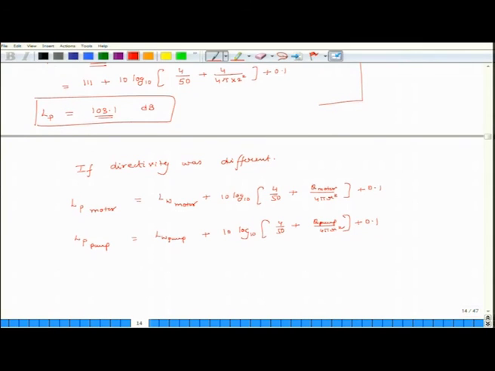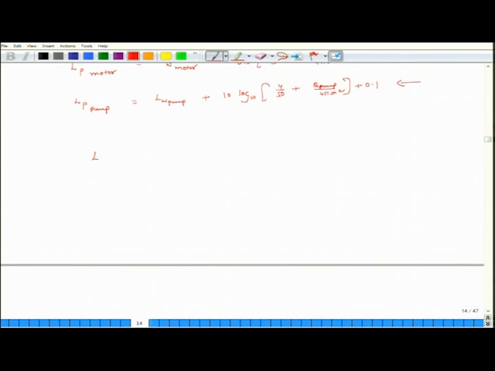So if the pump was not there, this is the sound pressure level which would be there, and if the pump was there but the motor was not there, then this is the sound pressure level. Now if both are there, we compute LP net equals 10 log 10 of 10 to the power of LP motor by 10 plus 10 to the power of LP pump by 10.